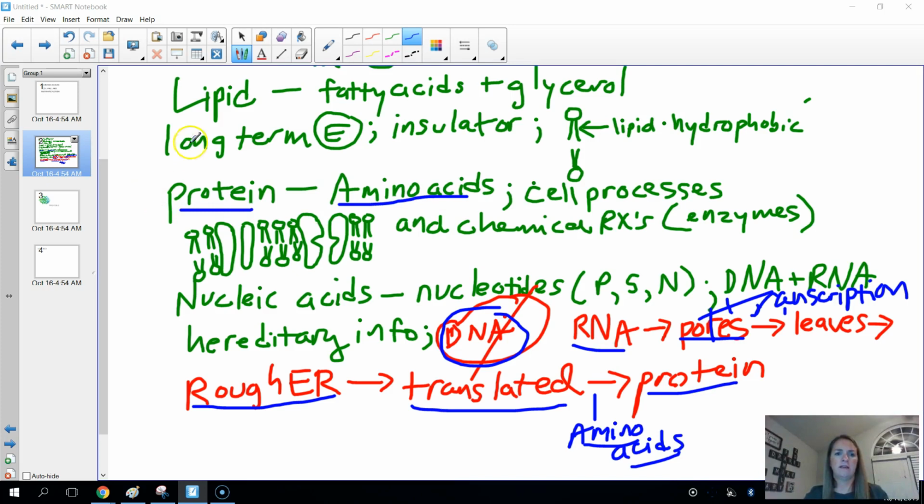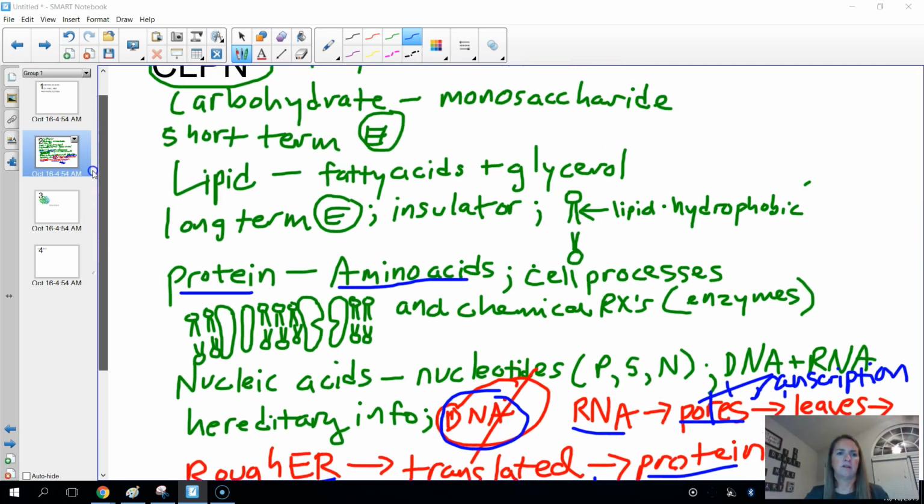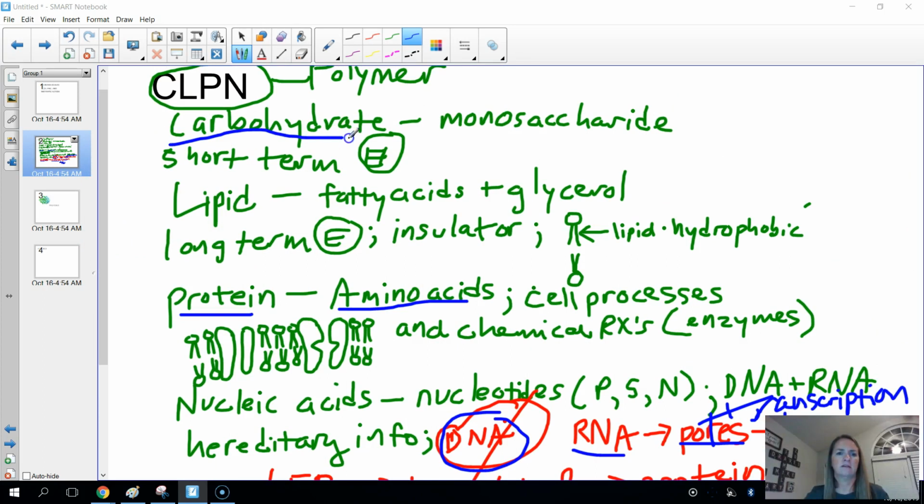So out of all of these, we've talked about carbohydrates, we've talked about lipids. These are all macromolecules. We've talked about proteins. We've talked about nucleic acids. And another thing that we've talked about is the fact that all of them have building blocks, and those building blocks are called monomers.